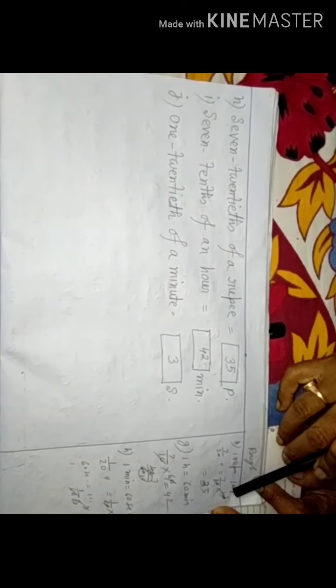So 7/20 into 100, 20 into 5 is 100, so 35 paisa. 7/10 of an hour. 1 hour equal to 60 minutes. So 7/10 into 60 is 42 minutes. 1/20 of a minute. 1 minute equal to 60 seconds. How many seconds? 1/20 into 60 is 3 seconds.